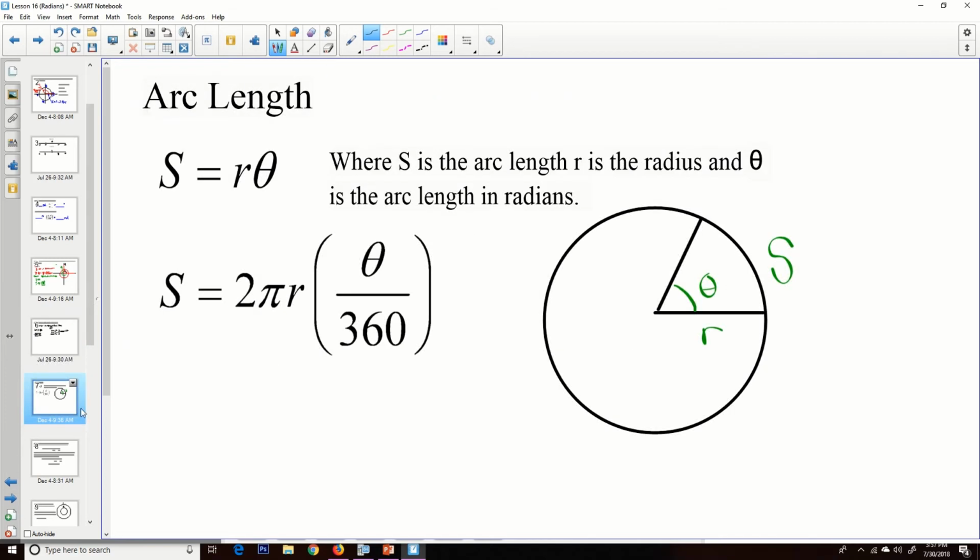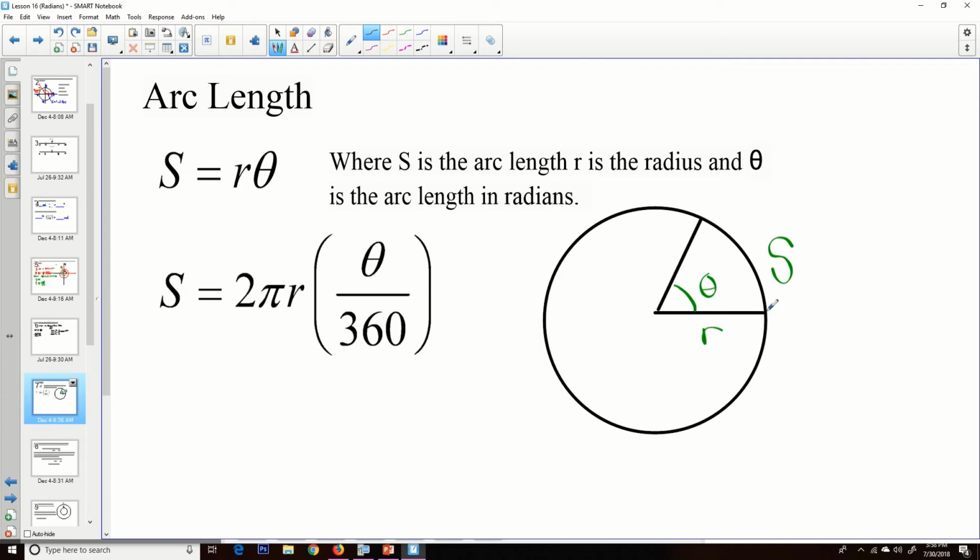All right, arc length. A portion of a circle is its arc. And so when theta is in radians, our arc length S is determined by the central angle theta and our radius. So we just multiply those two together. Now, here's where the relationship between radians and circumference comes in.